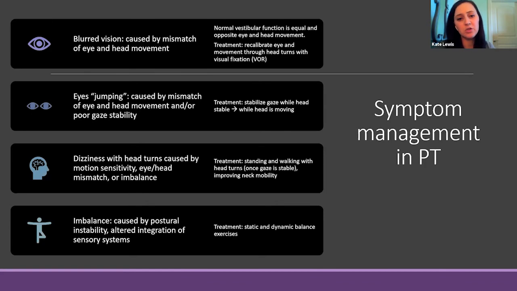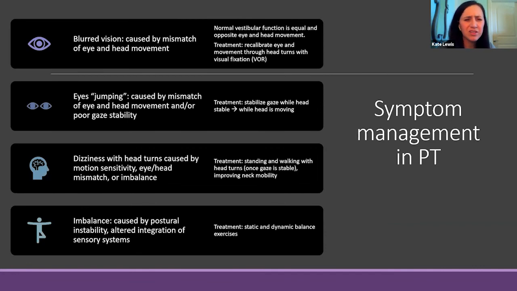And so what we're trying to do in physical therapy is recalibrate that system. It's called the vestibular ocular reflex, and we're trying to get the eyes and head to move coupled, to move in this opposite direction in the same speed and magnitude.